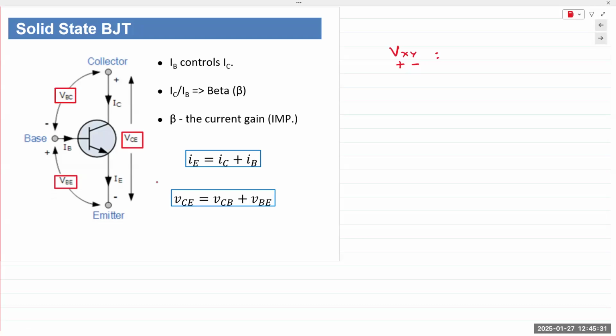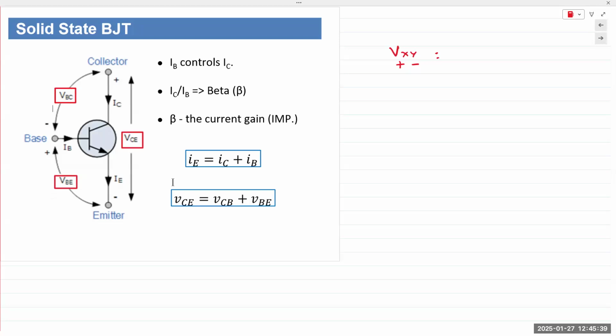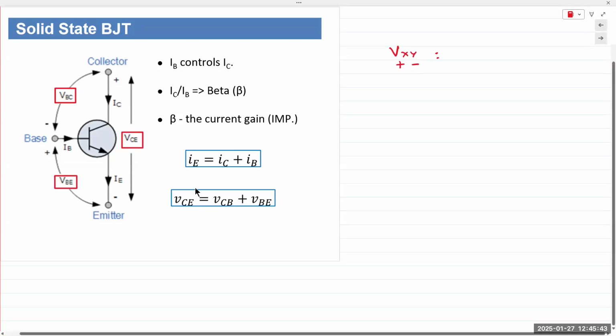And then, of course, we have current directions: IB, IC, and IE. In this case, it's an NPN transistor, so the base and collector currents are going into the transistor, and the emitter current is coming out. IC and IB are going in, IE is coming out.